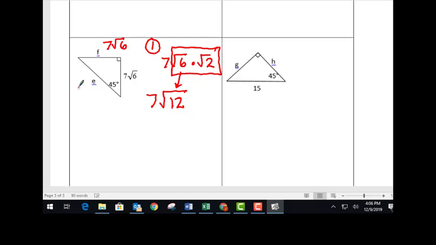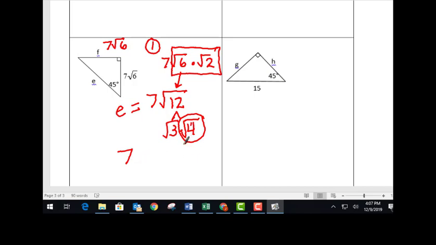Right now I'm going to leave it as 7 square root of 12. Technically, we should break this apart and simplify it. I know that 12 would be 3 times 4. I'm not going to require this of you, but I am going to show you, so I expect it to be in your notes. So I'm going to leave the 7 alone. We know what square root of 4 is: it's the same thing as saying 2.